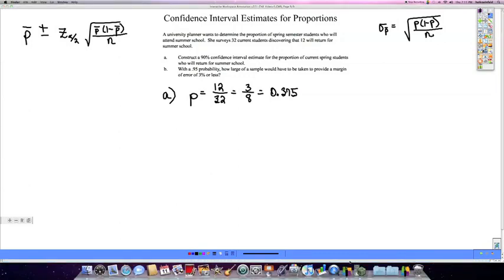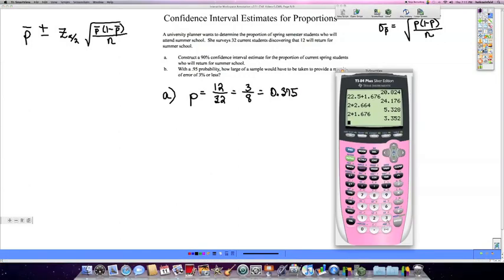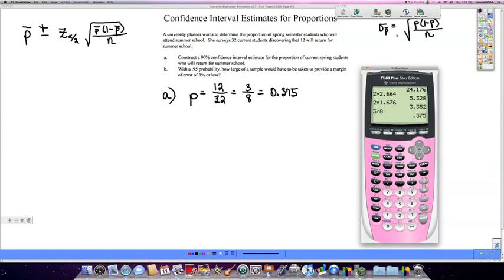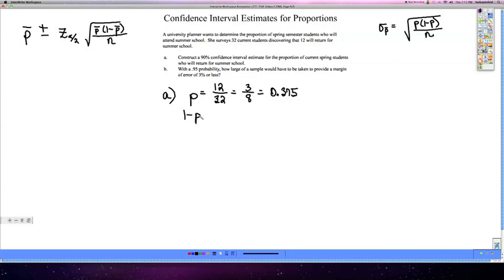We'll definitely need a calculator for this problem in the end. Now, that is our p. So therefore, our 1 minus p is 1 minus 0.375, which is 0.625.